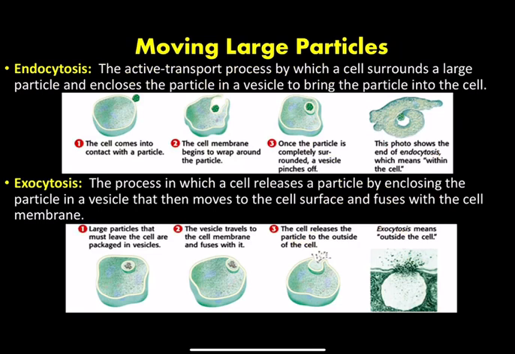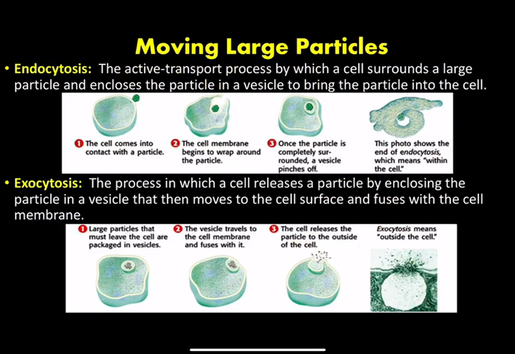It is a process of active transport because during this process, a cell surrounds a large particle and encloses that particle in a vessel to bring the particle into the cell. I often think of amoebas when I think of endocytosis and exocytosis.